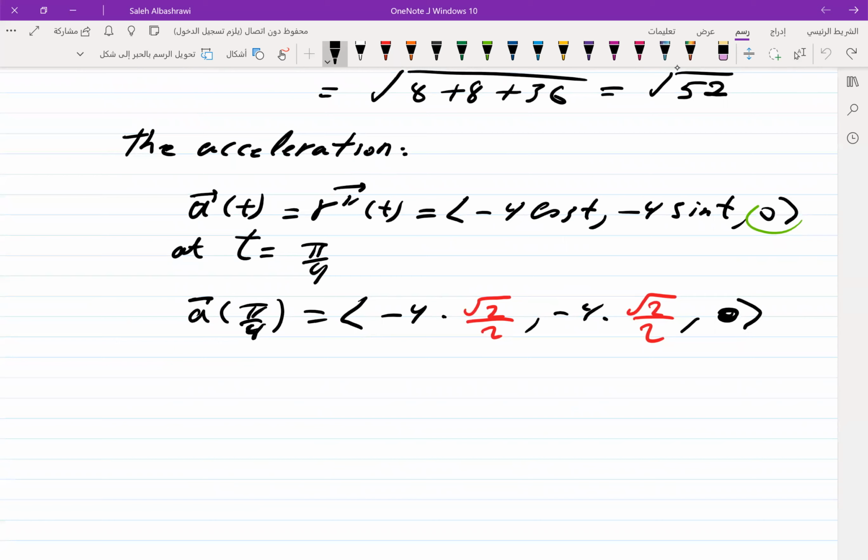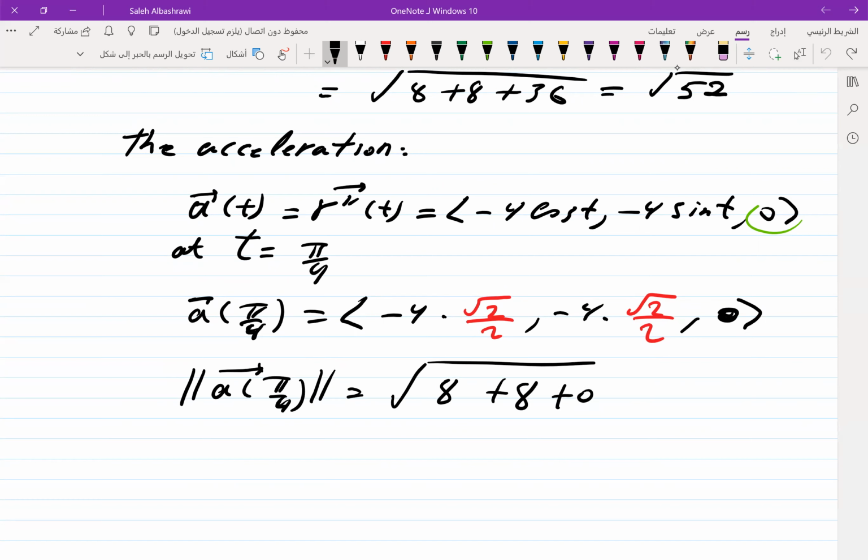So the magnitude of the acceleration now is equal to the square root of 8 plus 8 plus 0, which is equal to square root of 16, that will be 4. So the magnitude of the acceleration is equal to 4.